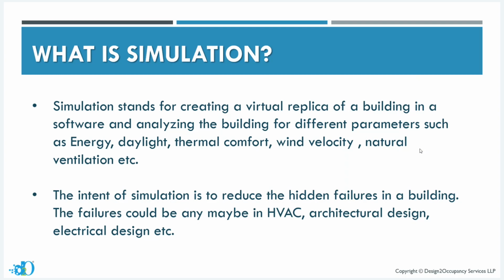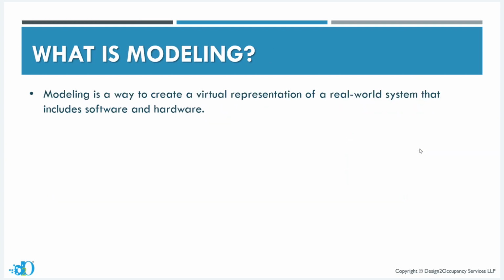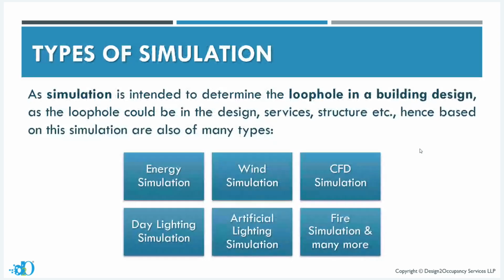Basically, in simulation, there are various types of simulation. So let me show you. These are the sorts of simulations available in the market, and various people who have expertise in different simulation things use different software.